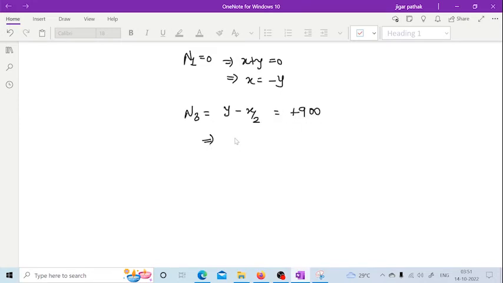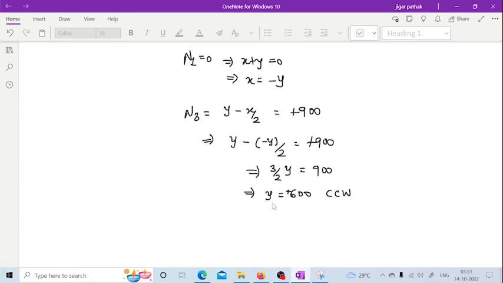Putting x as minus y, you will have y plus y by 2, that is 3 by 2 y, equal to 900. It means y is equal to 600, and it is positive, so it is counterclockwise. This is the RPM of the arm, so your answer will be plus 600 RPM.